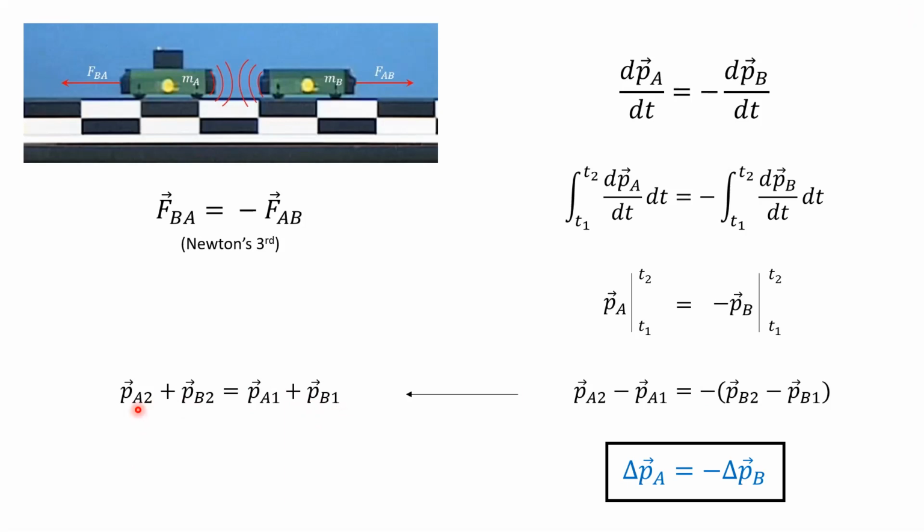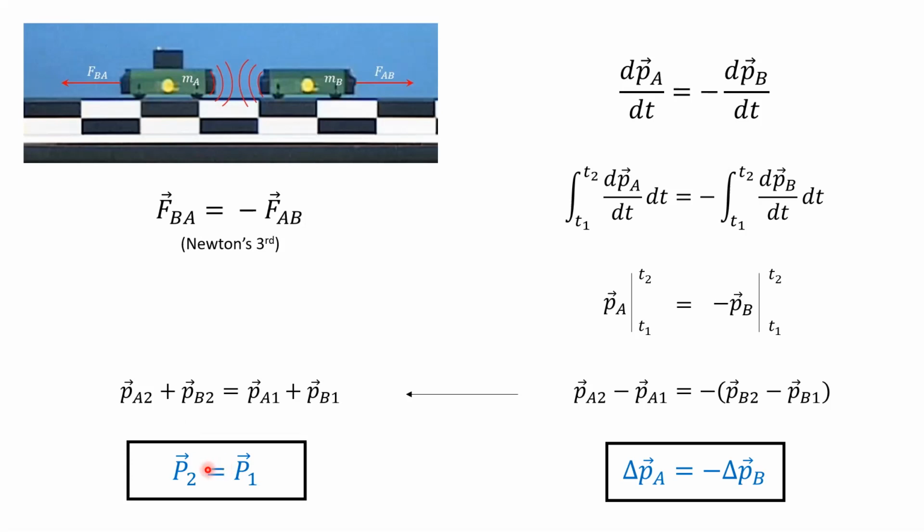Well, if we take cart A's momentum at time 2, cart B's momentum at time 2, and add them, we can call that the total momentum at time 2. Each cart has its individual momentum, but at any instant in time, if we add those two momentum vectors, we've got what's called the total momentum for the system being cart A and cart B together.